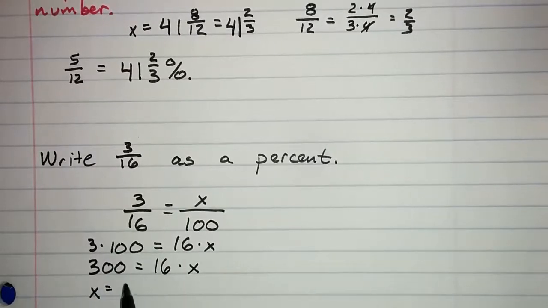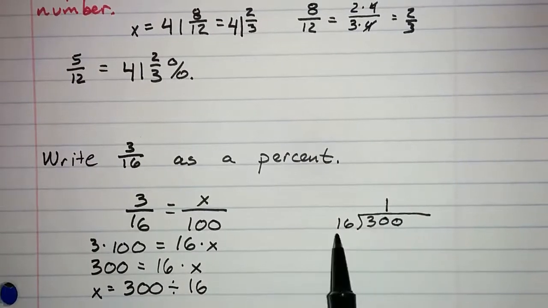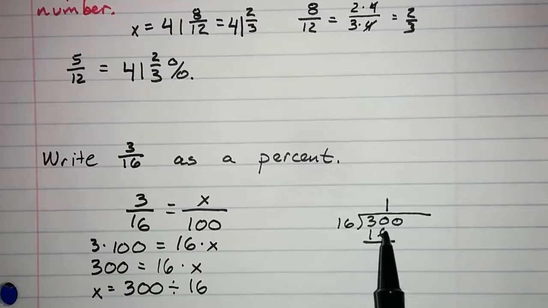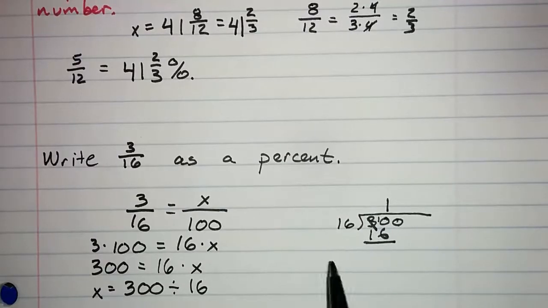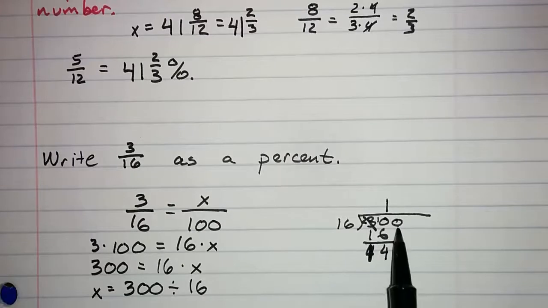So x is 300 divided by 16. Let's do that division. 16 goes into 30 just once. 10 minus 6 is 4. 2 minus 1 is 1. Bring down the 0.